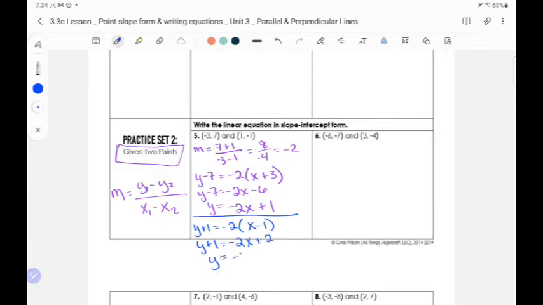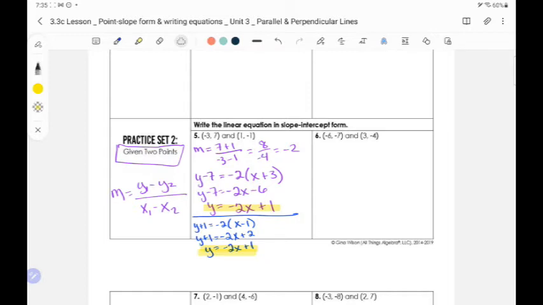Subtract the 1 from both sides. Notice my answer right here and my answer right here. They are exactly the same. And this is why I said you can pick either point. When you're plugging it in for point slope form, pick either point. They will simplify down to be the same. So you do not have to do it twice. This was just to show that it does actually work out to be the same.